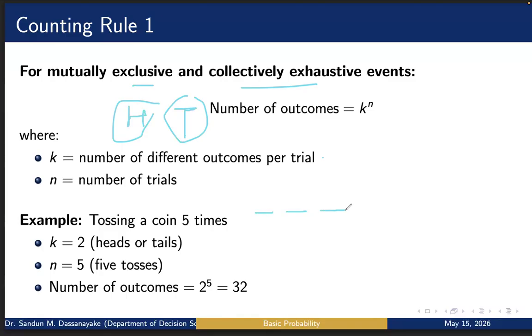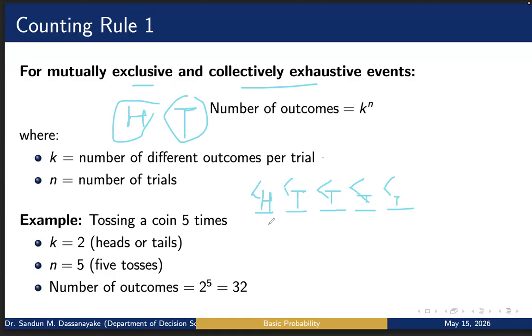If you are going to toss the coin 5 times, how many possible outcomes would there be? If you have these spaces like this, you can fill in either H or tail, H or tail, H or tail, and H or tail, H or tail. Let's say I write H here, then I can have all tails, HTT.